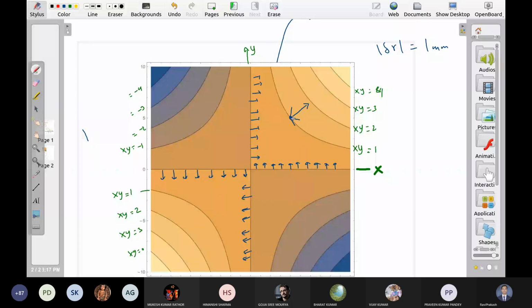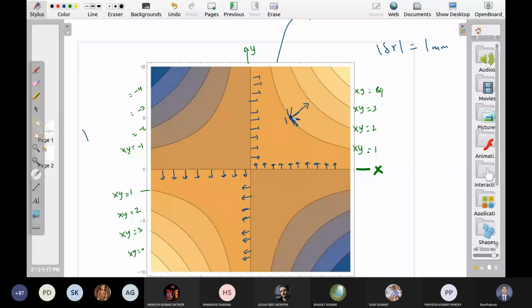But you can see if you go along this direction, there is no change in the function. It was 1 here, it is 1 here also. The change is 0. In this direction, there is a change, but the change is quite small. In this direction, the change is maximum. In this direction, the change is also quite small.